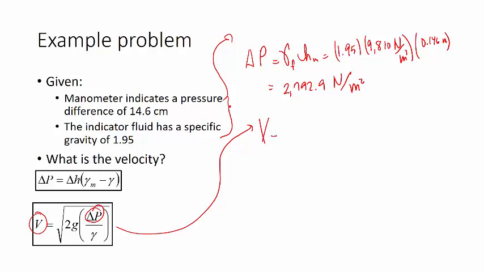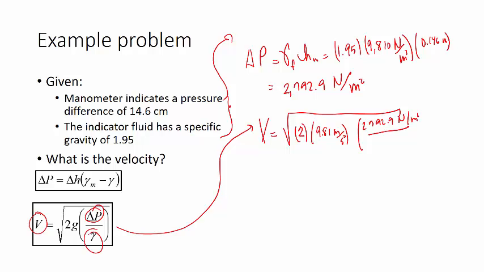So the velocity is going to be equal to the square root of 2 times, this is metric, 9.81 meters per second squared, and then now I have the change in pressure, 2,792.9 newtons per square meter, and then here refers to the fluid that we have, which is water in this case.